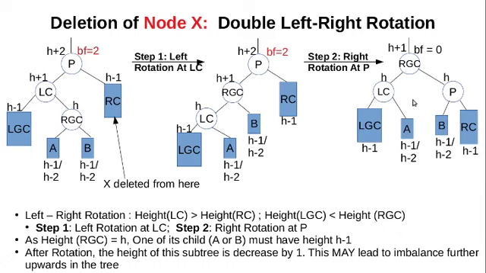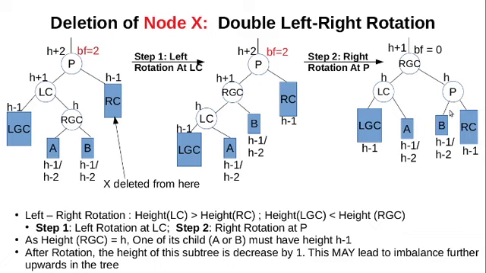As earlier, the height of LC is h. The height of B is either h minus 1 or h minus 2 and the height of RC is h minus 1. After rotation, the new children of P are B and RC.